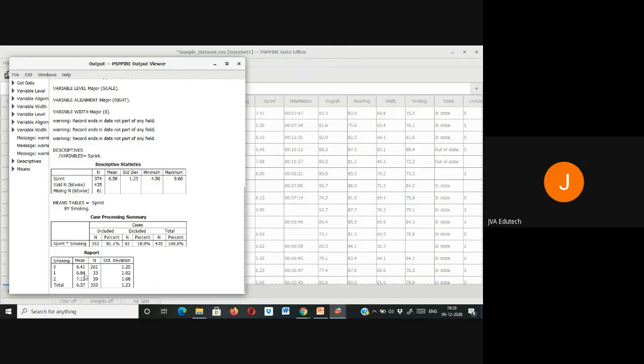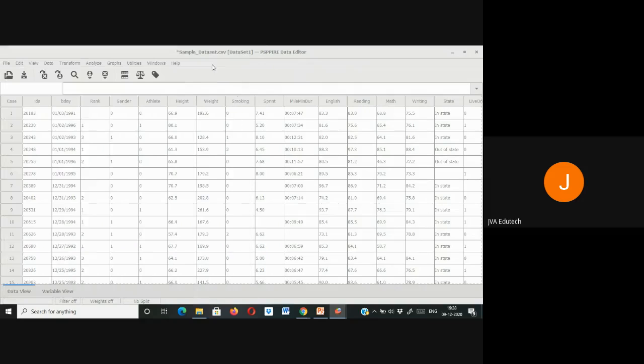Now further we have to check whether this difference in the mean is statistically significant or not. Here it is telling us that there exists a difference between the non-smoker group, past smoker group, and current smoker group, but whether this is statistically significant or not, for that we will go for testing the one-way ANOVA.